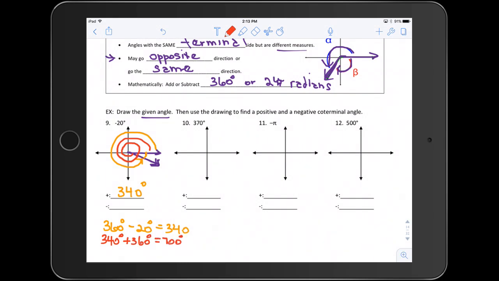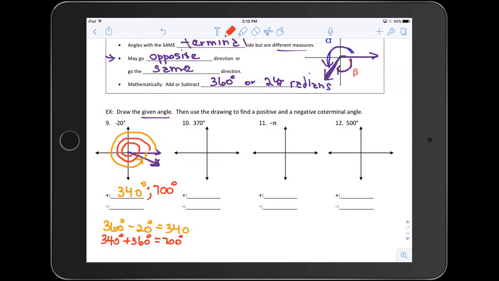So saying 700 degrees here would not be wrong. Now it's a little bit redundant, I guess, but really 340 is the most direct answer. And if you were to put 700 degrees, I'd be like, yep, that is a coterminal angle, and it's positive.